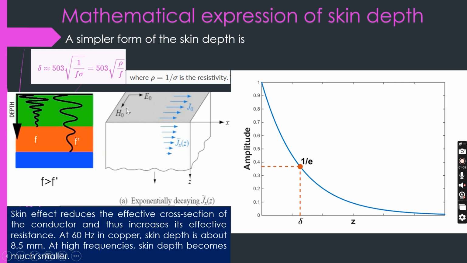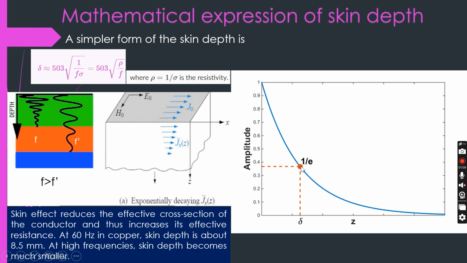Here the electric and magnetic field is shown, and it can be seen exponentially decaying, where Jx is the current. We can also have the amplitude versus depth plot, by which it can be visualized.